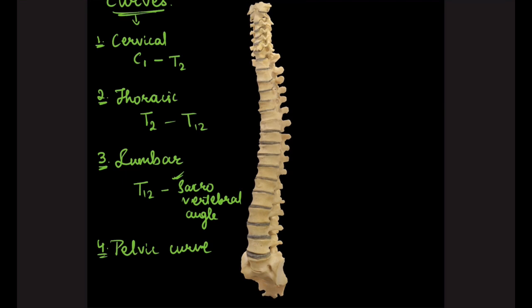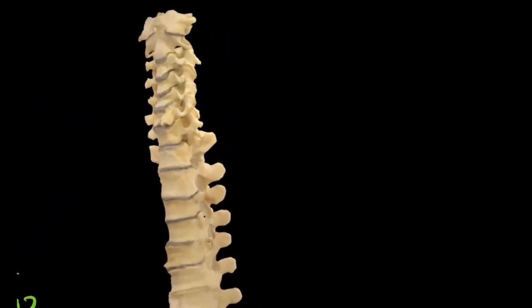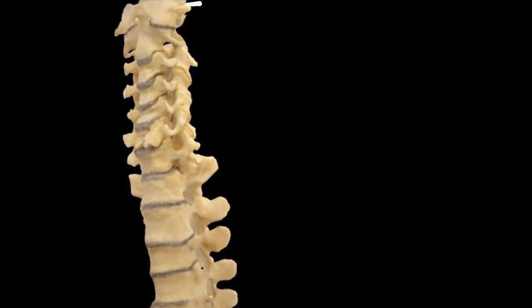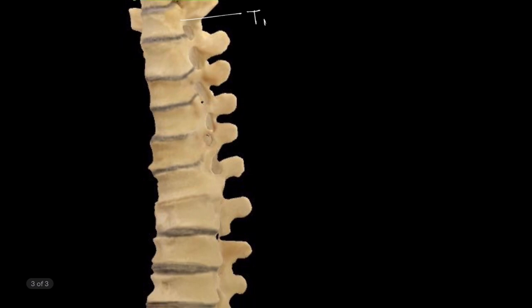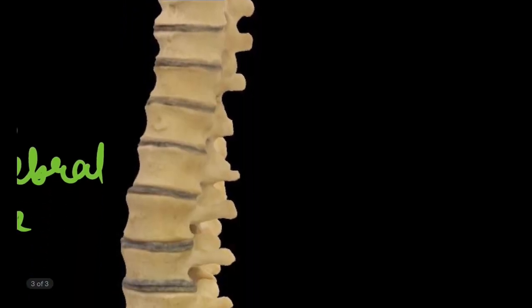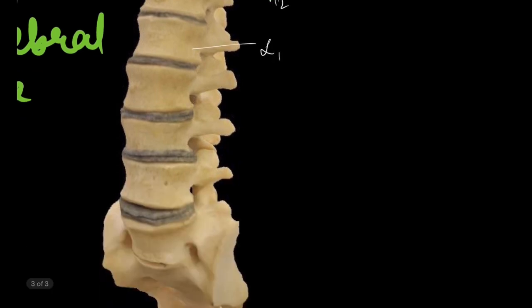So what is cervical? From C1 to T2. I'll just mark the vertebrae numbers. This is C1, C2, C3, C4, C5, C6, C7. And from here, the thoracic vertebrae start. This is the 12th thoracic vertebra, the first lumbar vertebra, the 5th lumbar vertebra.